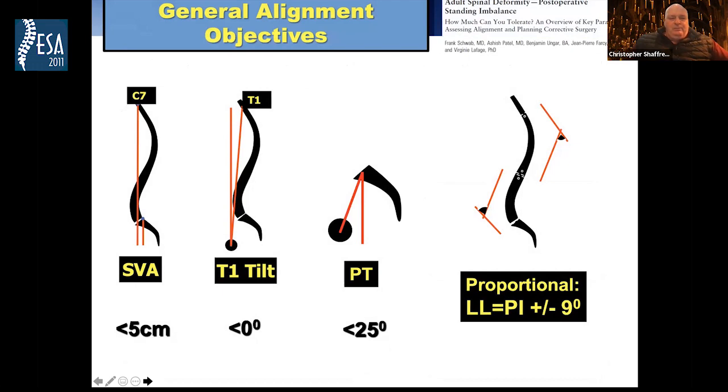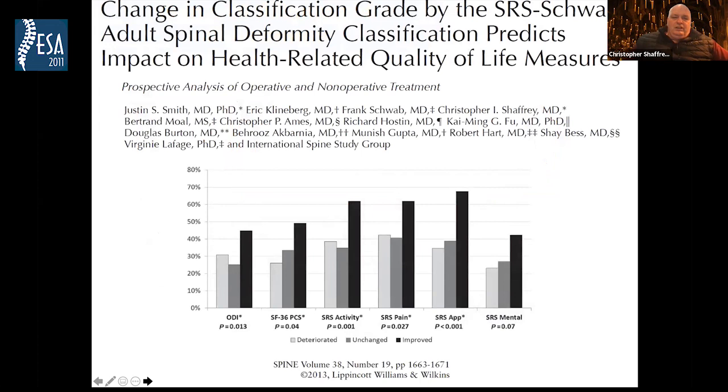So this was some work done by Justin Smith, looking again at ISSG patients, that showed that if you could change the patient who had adult scoliosis and put them to more normal values as dictated by the spinopelvic alignment parameters, it resulted in consistently improved health-related quality of life scores for the patients where you achieved those goals. And you can see that if you didn't achieve the goals, you're more likely to be unchanged or even have your condition deteriorate.